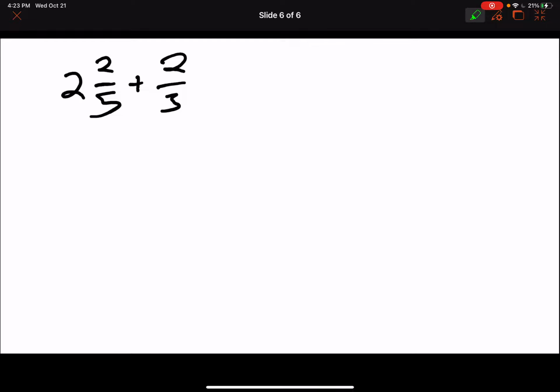Okay, so last question. Now, this one here, what if the denominators are different? So this is not something that we have not seen before. We know how to use this. So basically, what we do is I take this 2, okay, and I'm just going to separate it off by itself, and I rewrite the problem.